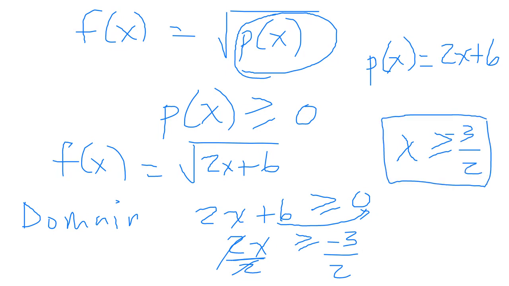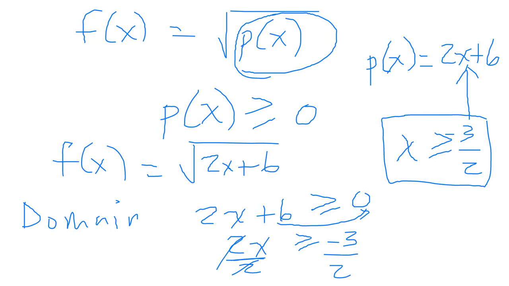So this is just an example: my x's should be greater than or equal to negative 3 over 2, which means that the numbers that I put in for x should be greater than or equal to negative 3 over 2.